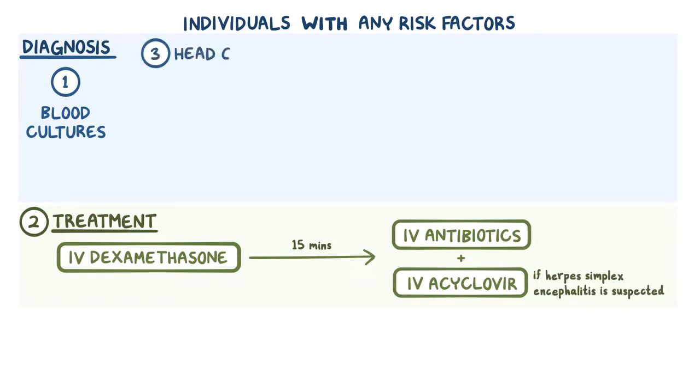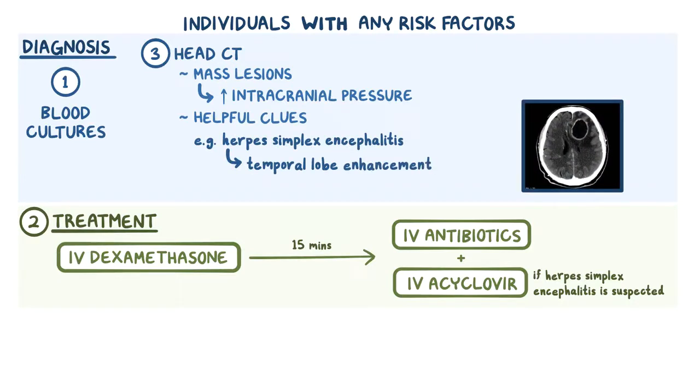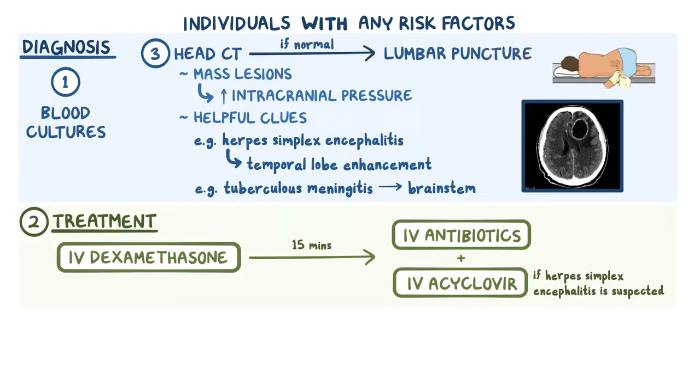After that, a head CT is obtained, which can identify any mass lesions which might cause the symptoms of an increased intracranial pressure. The head CT might also show some helpful clues. For example, herpes simplex encephalitis commonly causes temporal lobe enhancement, and tuberculosis meningitis often involves the brainstem. So if the CT scan is normal, then the lumbar puncture can be done safely.